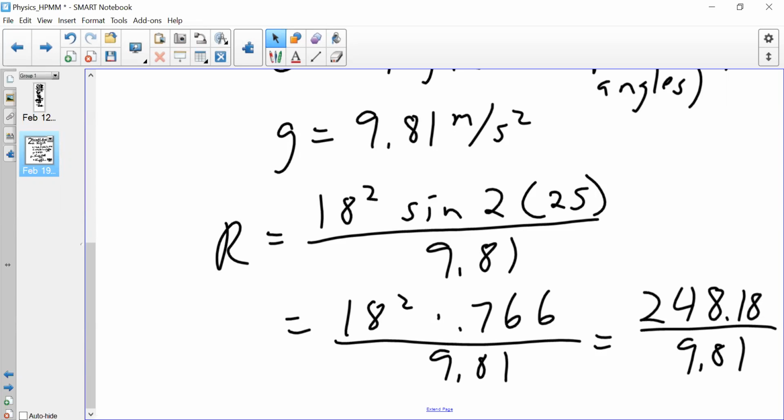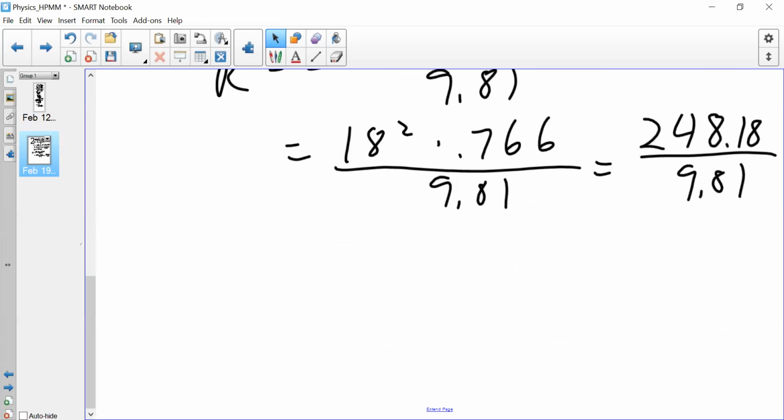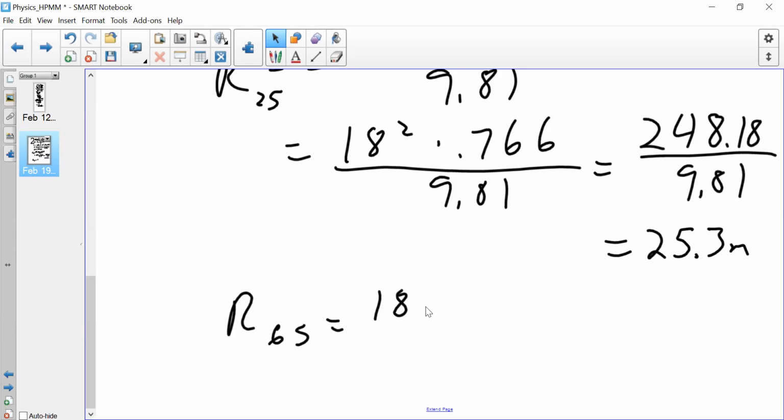What we saw. So this result helps the software engineers to create that simulation, because this is the mathematics behind it, right? 25.3 meters for the horizontal range. So at the complement, well, we can say range at 25, whatever. Range at 65, as we saw on the screen, it should be the same.